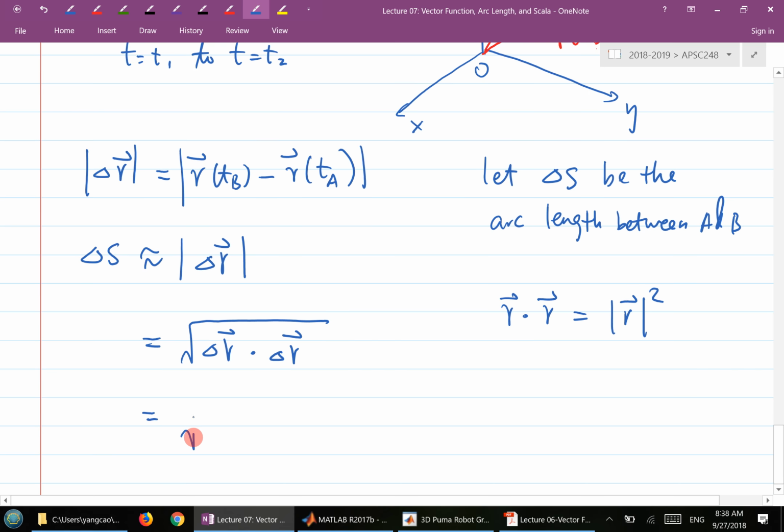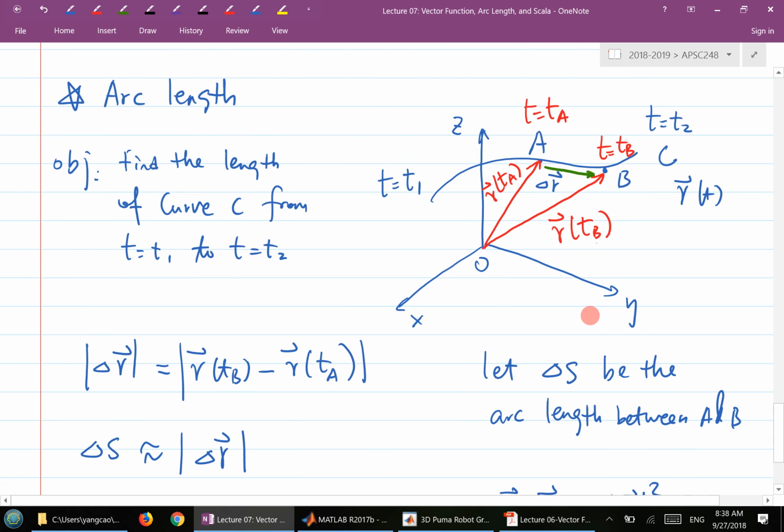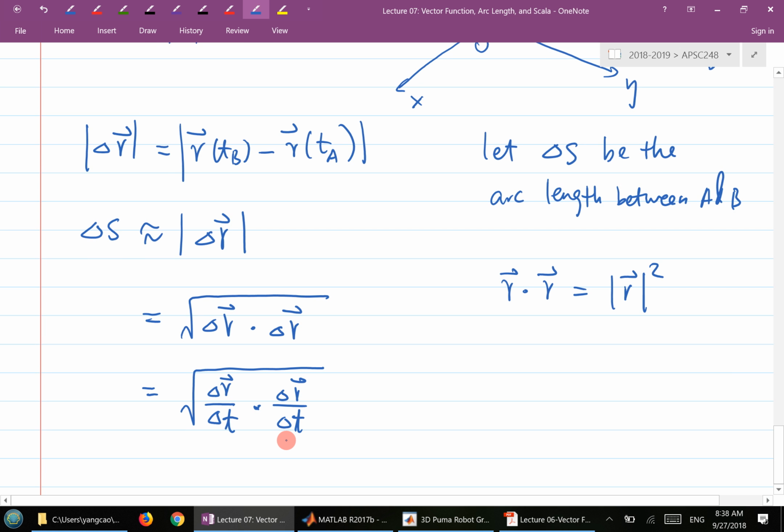Furthermore, I'll make a little more approximation. I'll divide each one of the terms in this dot product by delta T. The traveling time from TA to TB I'll call delta T. That's how much time it takes to go from A to B. But I can't just divide by delta T, because I cannot alter this expression, so I still have to keep it exactly the same.